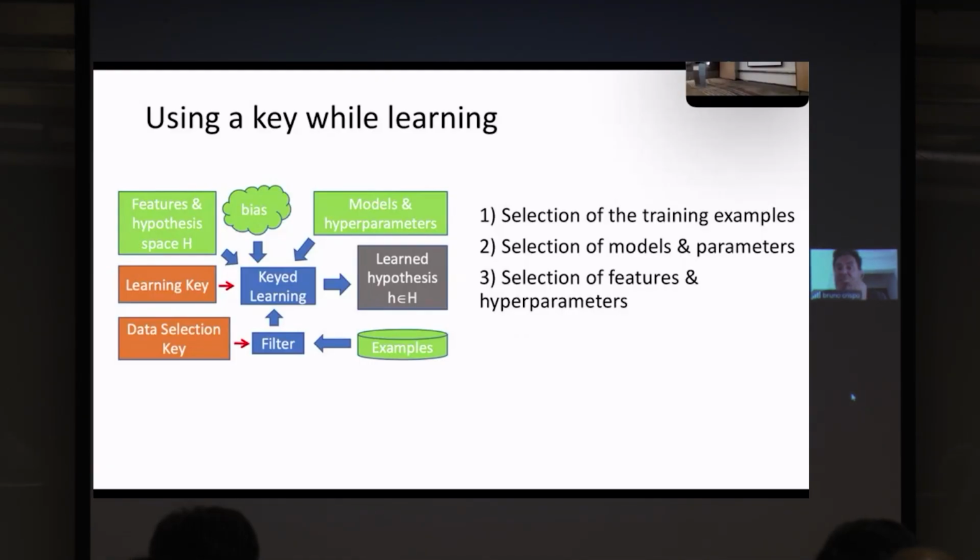All these variables are selected based on the key. And by changing the key, essentially you can retrain the classifier.